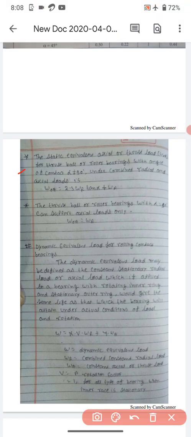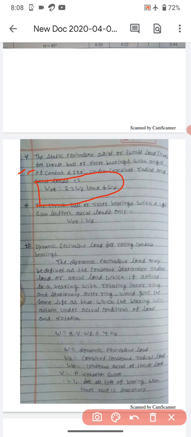The static equivalent axial or thrust load W0A for the thrust ball or the roller bearing with angle of contact alpha not equal to 90 degrees under combined radial and axial load is equal to W0A = 2.3 WR tan alpha + WA.